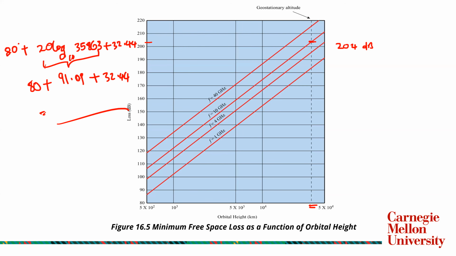When you round off, it becomes 204. So me as a teacher, I'm happy when I'm vindicated. You can see that all the calculations that we've been doing are correct, because if we look at this book, you can clearly see that a satellite at that orbital height of 35,863 kilometers will always suffer a loss of about 203 dB.